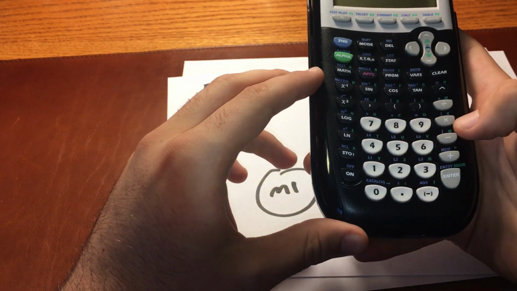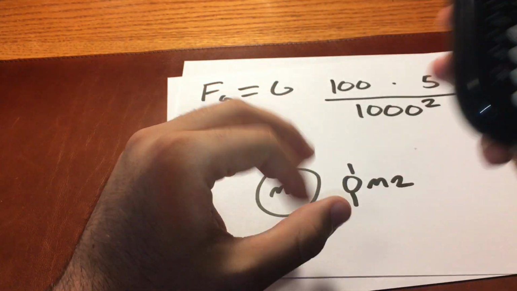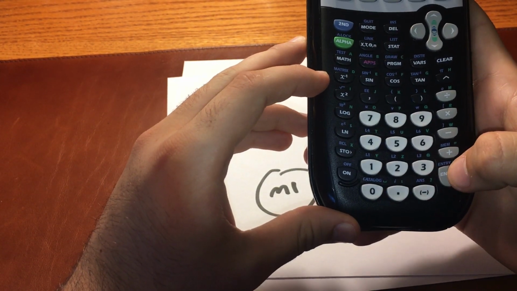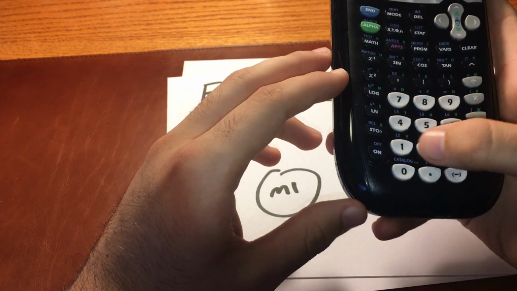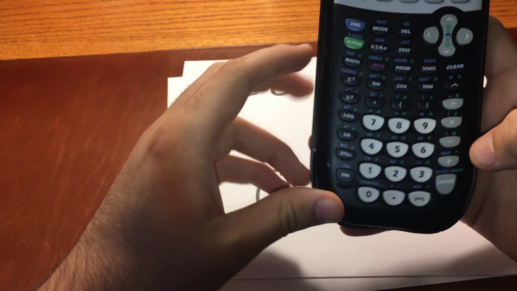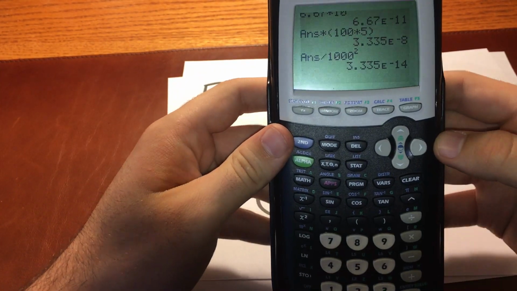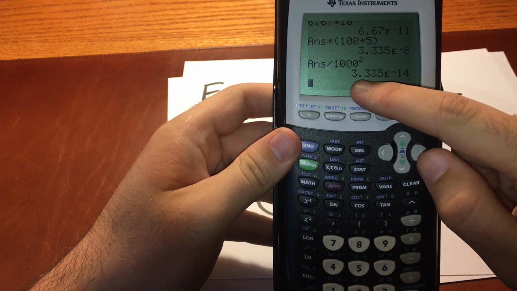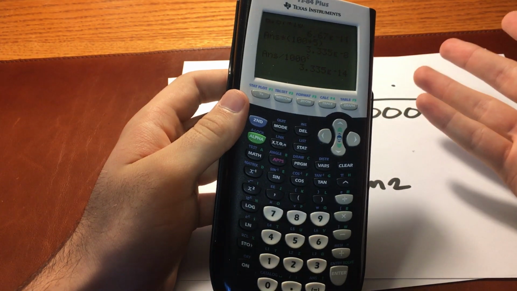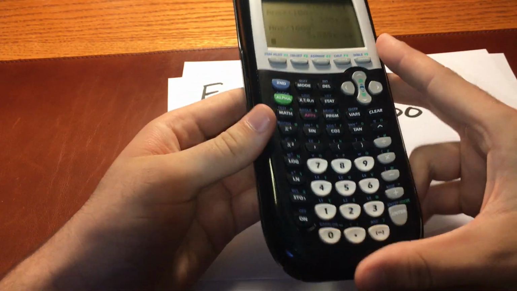Then we multiply that by 100 times 5, and then we divide that by 1,000 squared. So the force of gravity between these two objects is 3.335 times 10 to the negative 14th. It's a very small number because these are very small objects and very small masses that we're dealing with.